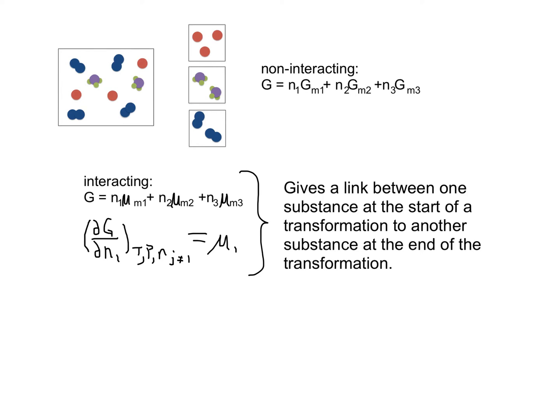So all of these components are linked together through the total Gibbs free energy, and therefore we can understand how one component transforms into another component, either through a phase change or a chemical reaction. And so the chemical potential is the important concept when we're talking about phase changes or chemical reactions.